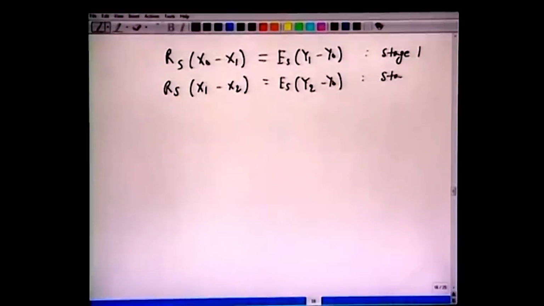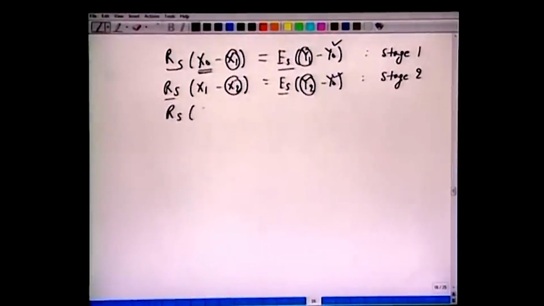This is stage 2. Similarly, we write the equation for stage 3 as RS x2 minus x3 equals ES y3 minus y0. So, stage 3.